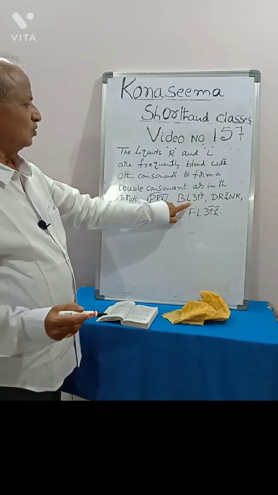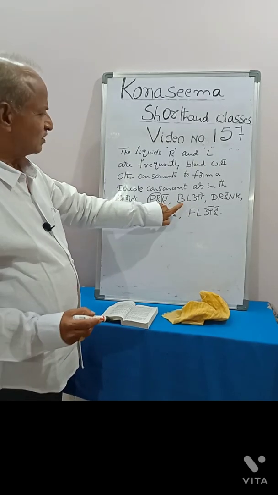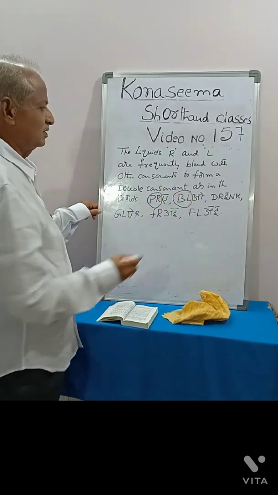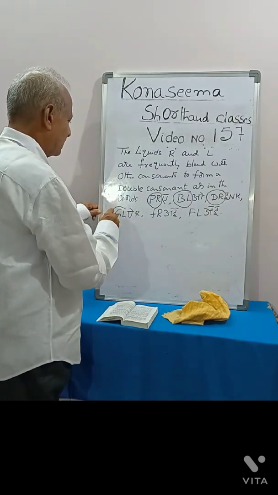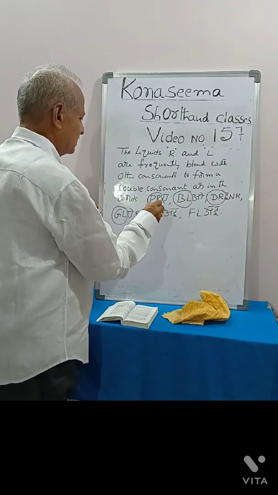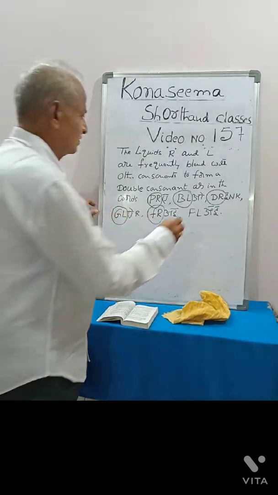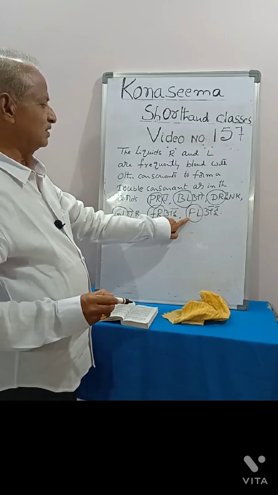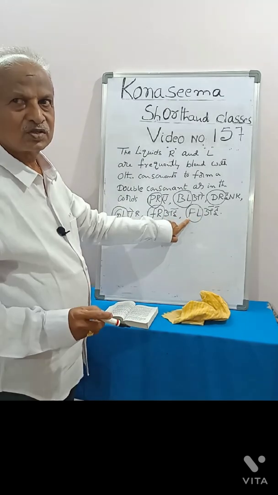Here blow, this liquid L is mixed with B and became the double consonant bal. Here drink, dar. Here glare, gal. Here fry, fr. Here fly, L is blended with F and became the double consonant.